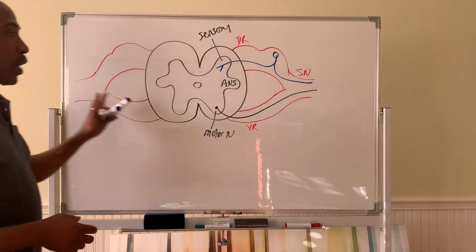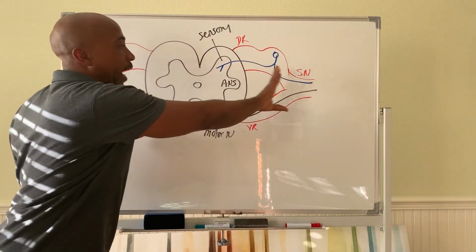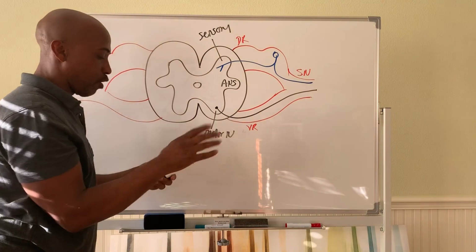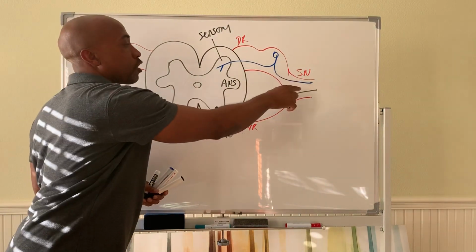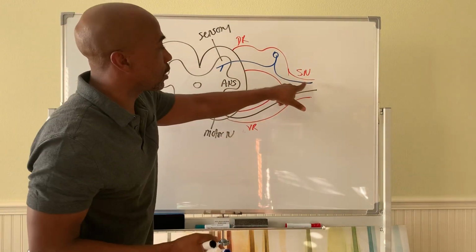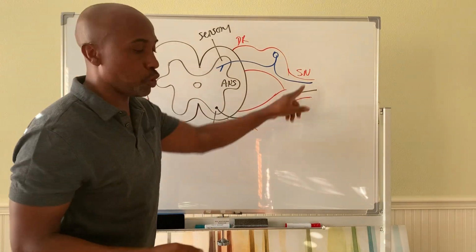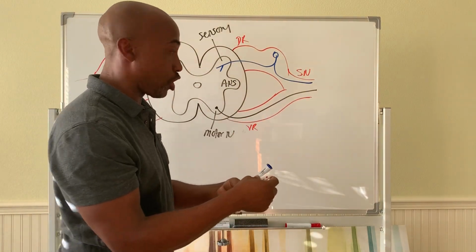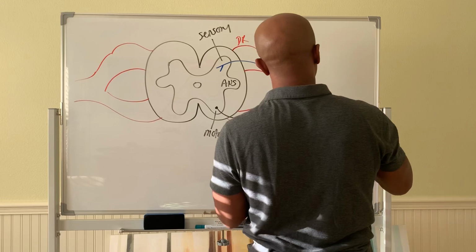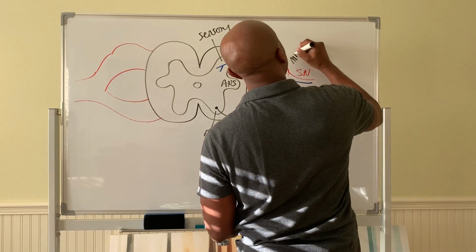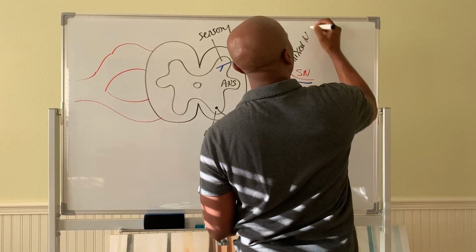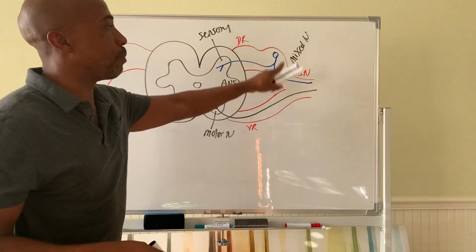Now, the spinal nerve, as it moves away from the spinal cord, because it carries both sensory and motor neurons, is usually called a mixed nerve. This is a mixed nerve because it's carrying both sensory and motor neurons.